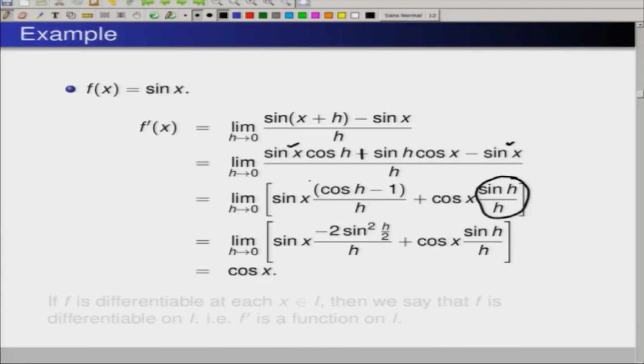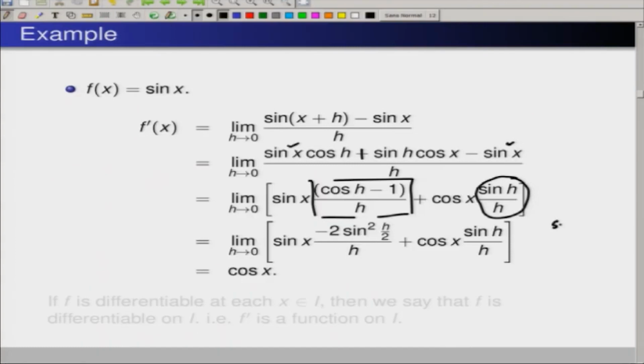Now, what we need to calculate is this other object, cos h minus 1 divided by h. We know that cos h minus 1 is minus 2 sin square h by 2. Now, we know that sin of h by 2 divided by h by 2, as h goes to 0, has limit 1.